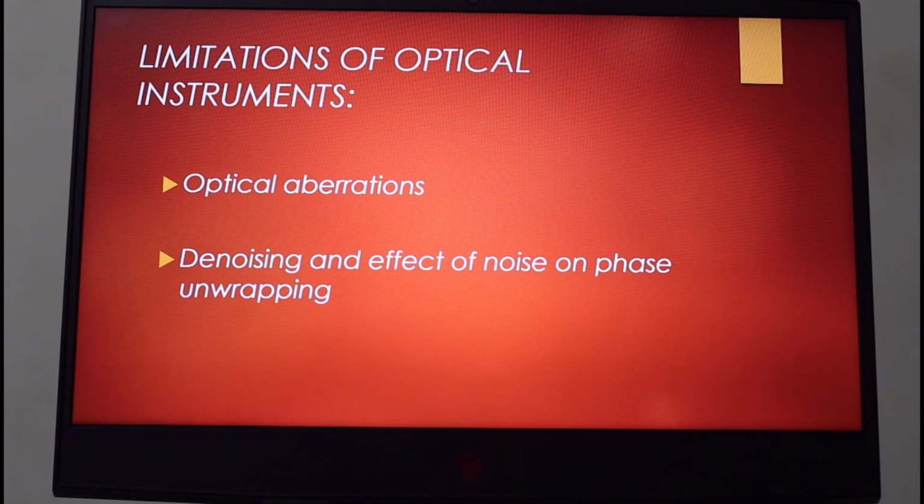So basically these are the two major limitations of the laser interferometer. Other than this, it is a very advantageous tool used to measure very small distances which are not achievable. So next we'll see a marketing video.